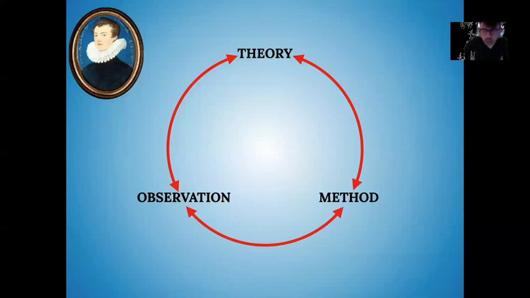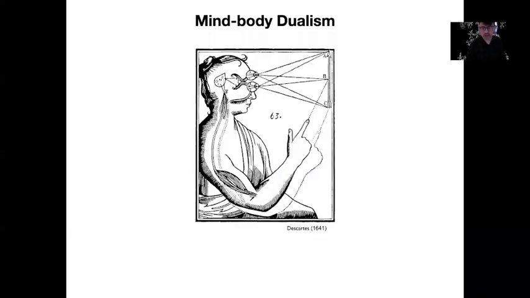But we can also apply this to even deeper questions. Like you might know about Descartes' mind-body dualism, whereby Descartes was suggesting that some area in the brain had a direct connection with the spirit and the mind that would observe what's happening in the body.